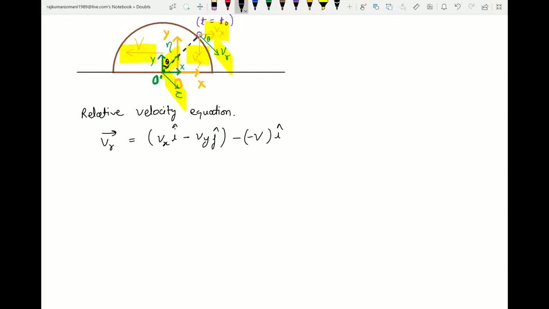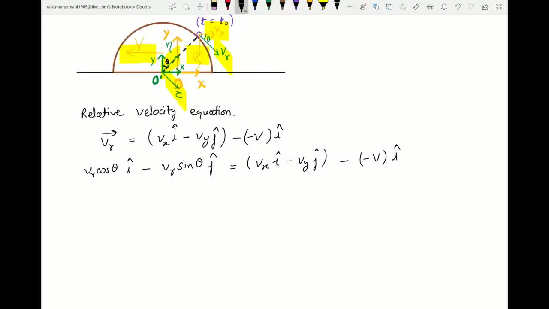Now writing Vr in vector form, taking the components of relative velocity, it is Vr cos theta in the i direction minus Vr sin theta in the j direction, which is equal to, I'll repeat, the right-hand side as the velocity of the particle mass in the absolute frame, Vx i minus Vy j, minus the velocity of the frame of reference, which is minus V in the i direction.